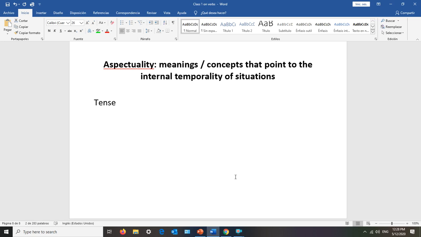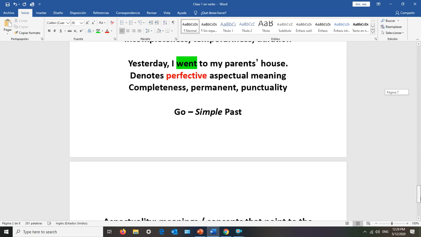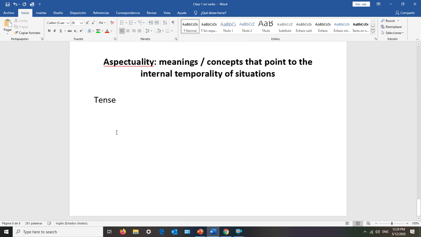The whole of the situation is presented as a single, unanalyzable whole. So this idea of not making reference to the internal temporal constituency of situations, as a single, unanalyzable.